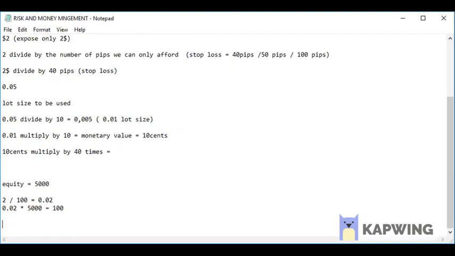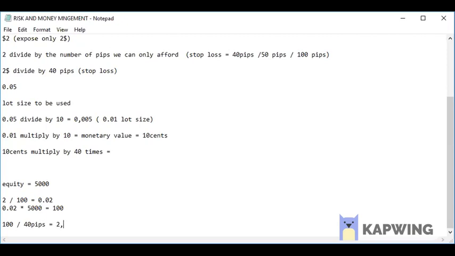Then we'll have to get back from the lot size to the money. So $100, we are going to divide by our stop loss, which is 40 pips, right? How much do we get there? Divide by 40 pips, 2.5.